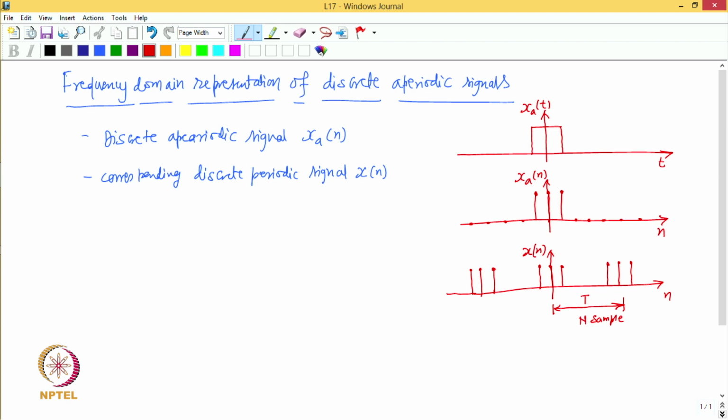Now if we increase this time period T gradually and make it tend to infinity, then what is going to happen? The number of samples also would tend to infinity, because the sampling frequency is the same.